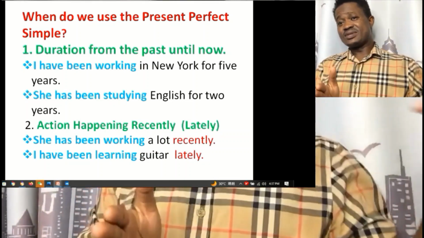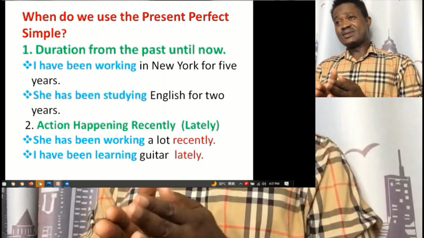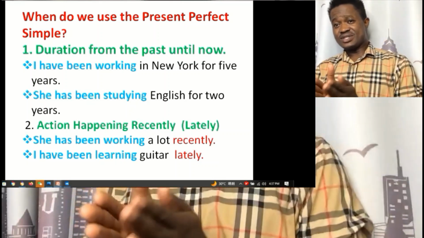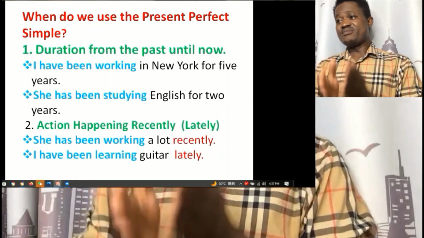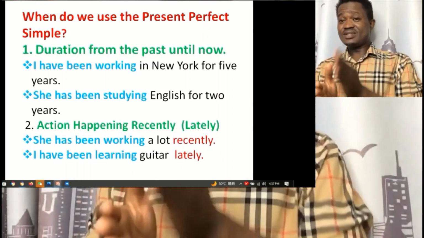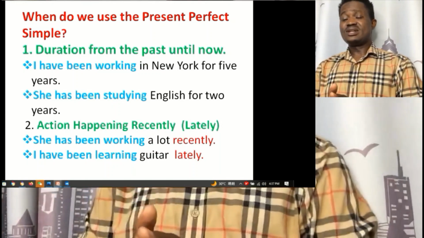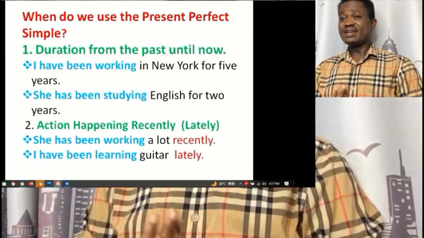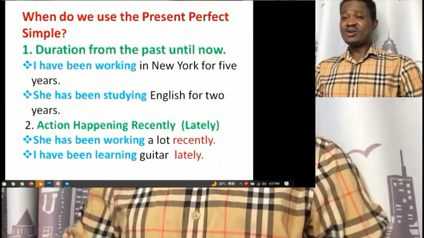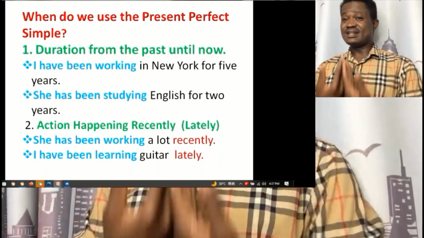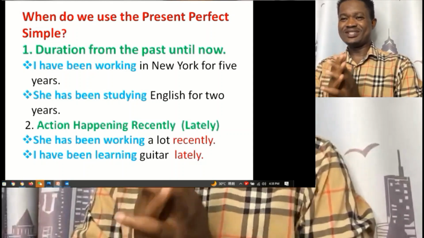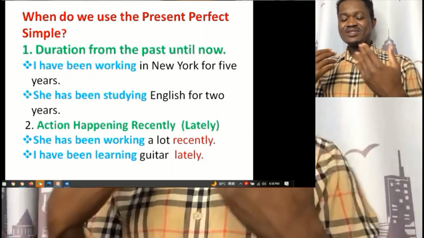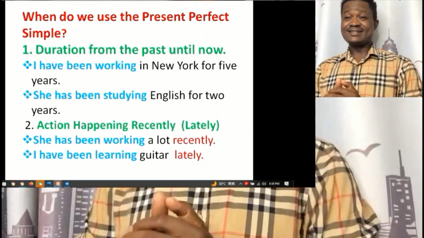I have been studying guitar lately. I just stopped, but I still have plans to continue. So the action is still there. I have to continue, I must grade it, because I'm still learning guitar. I want to be a professional, a guitarist.